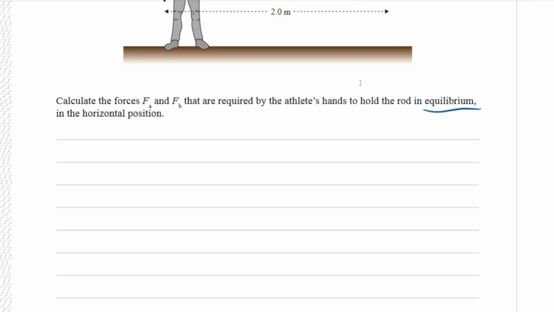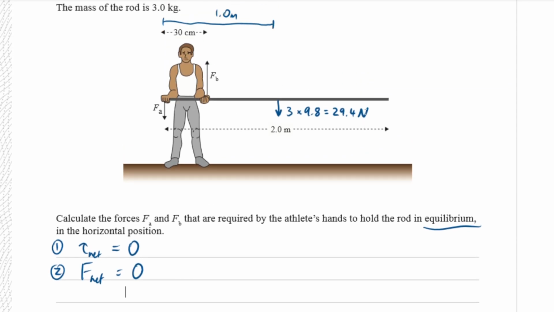So to do the analysis, the two conditions that we need to meet are that the net torque is 0 and that the net force is 0 as well. So to calculate the torque, we need to first pick a pivot point.